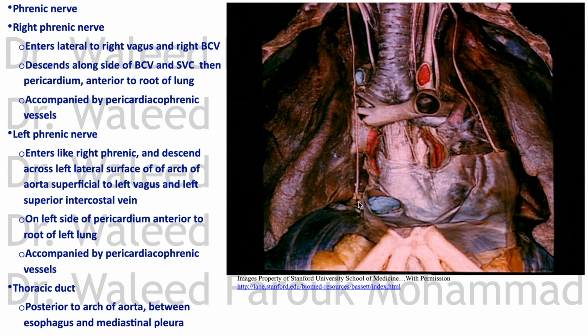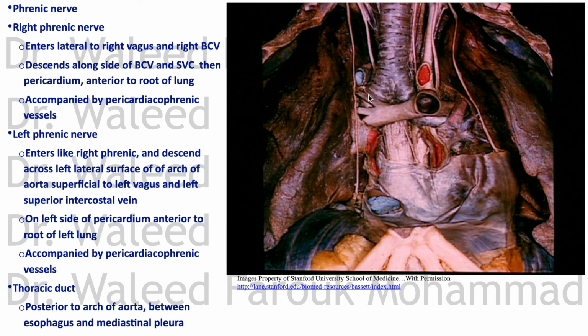and ends by piercing the diaphragm. The right phrenic nerve enters lateral to right vagus and right brachiocephalic vein, descends along the brachiocephalic vein and superior vena cava, and then the pericardium, anterior to the roots of lung. You will be always asked about this.